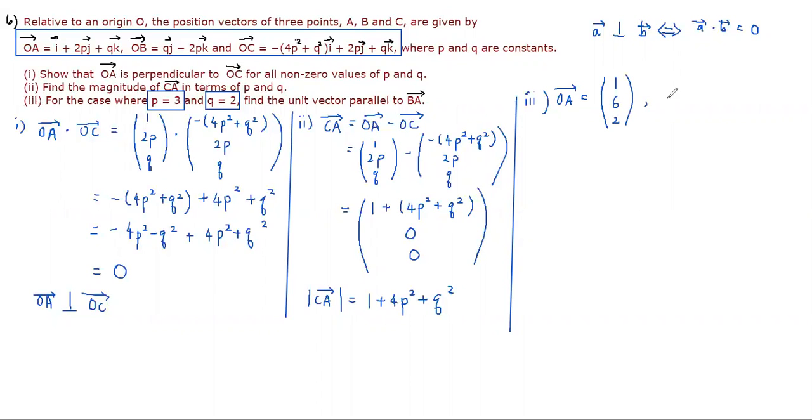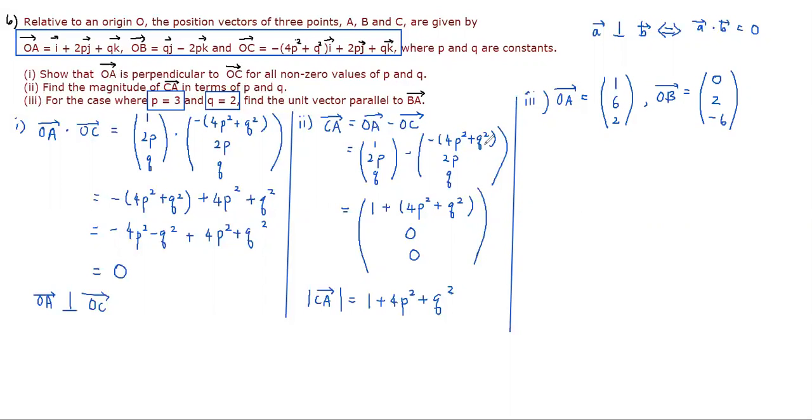That is vector OA and vector OB. Vector OB, there is no I component, indicating that the first component is 0. And Q is 2. The K component is negative 2P, which is negative 6. So you have vector OB.